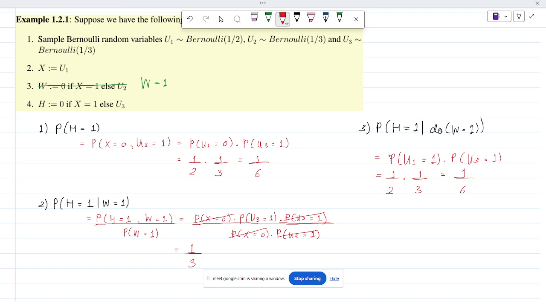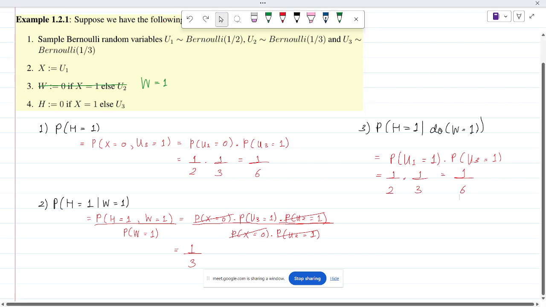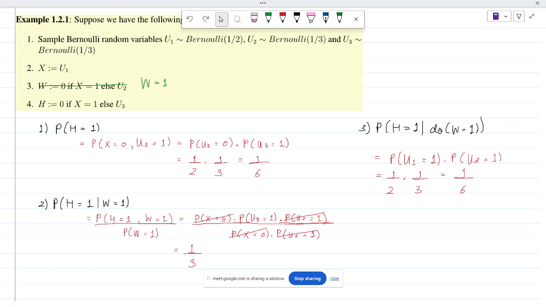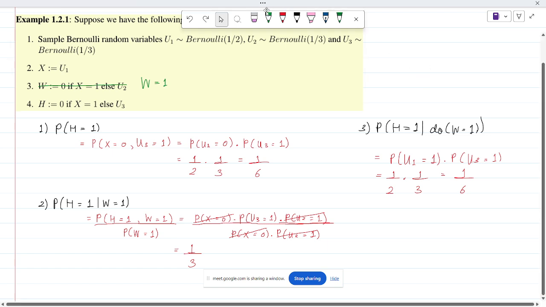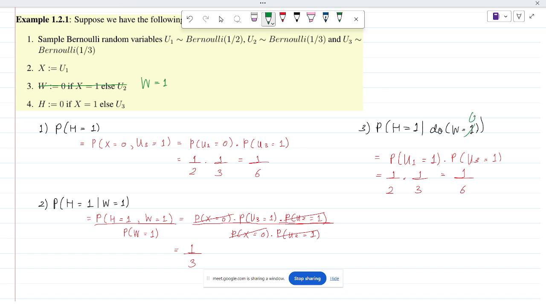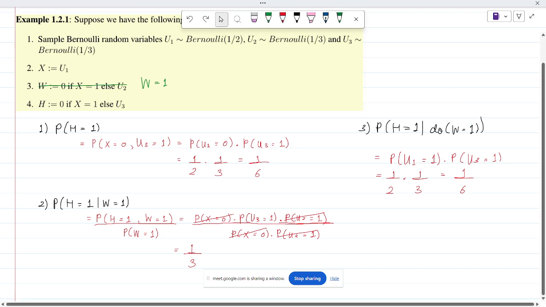It gives us 1 over 6. Something would have changed in our algorithm if fixing its value had an impact either on X or on H, which essentially just means we have to see whether there is any direct or indirect impact on H. So, in conclusion, fixing the value of W made no difference to H whatsoever. I could have fixed this to 0 and it still would have given me the exact same answer.